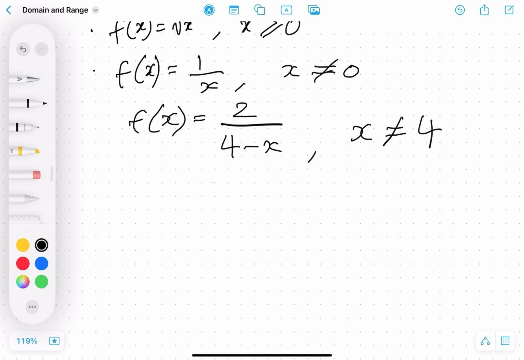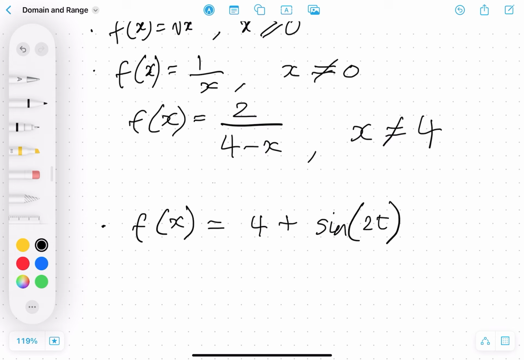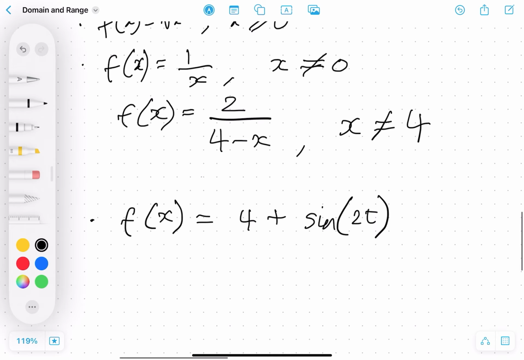But sometimes, let's say we have a function f of x equals 4 plus sine of 2t. So let's say this function, it could be anything. Let's say it measures the length of your shadow throughout the day, where t is the time in hours. So this would be f of t.